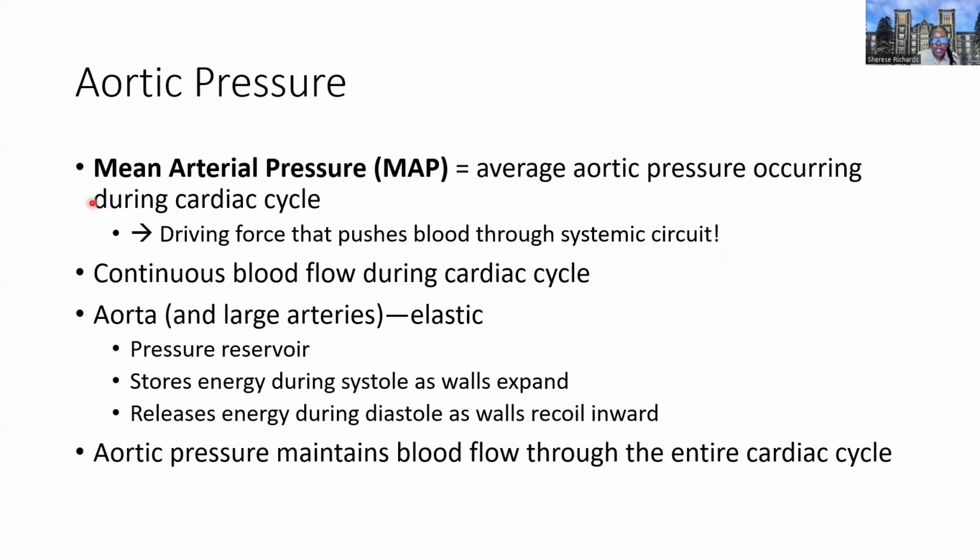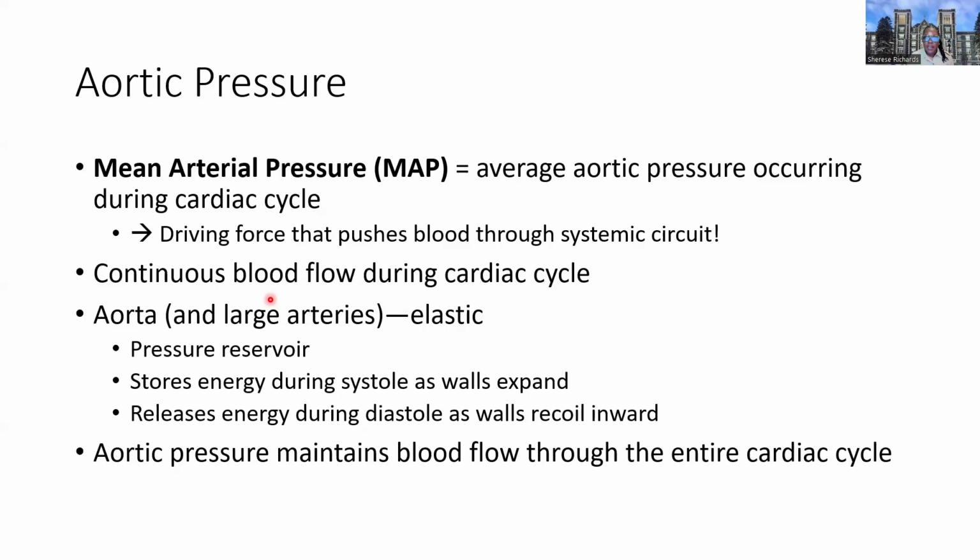And the reason the mean arterial pressure is so important is because it's the continuous blood flow through all phases of the cycle. And when we think about the valves closing, for example, when the aortic and pulmonary valves close, there still needs to be adequate pressure perfusing the systemic system to keep our organs receiving blood and oxygen, right?